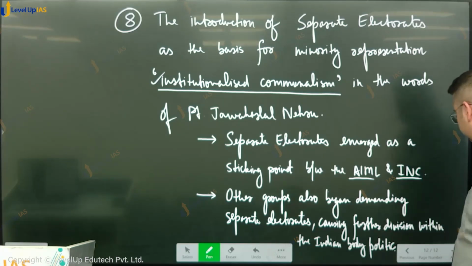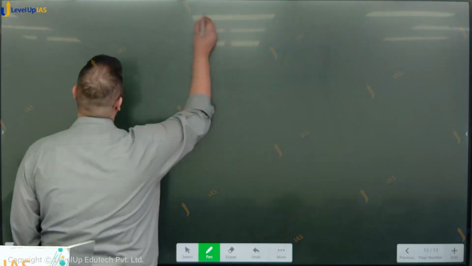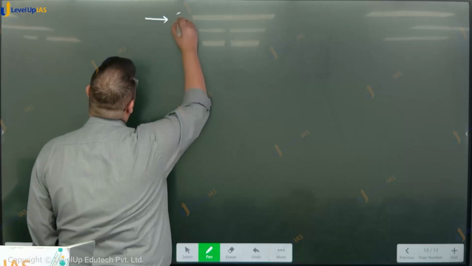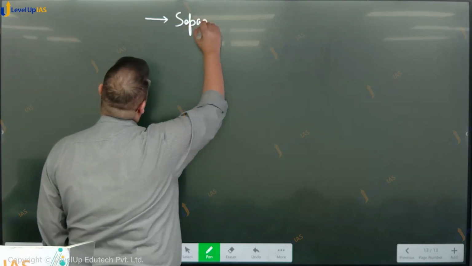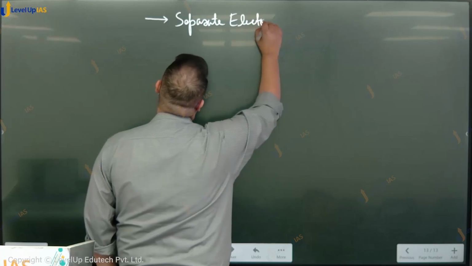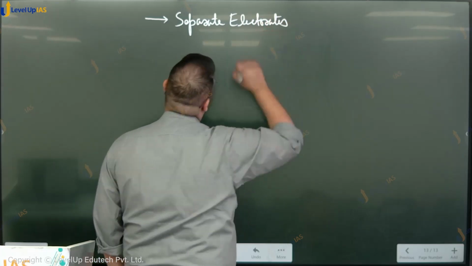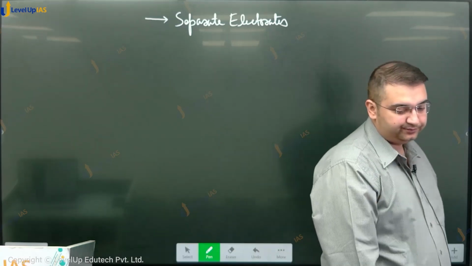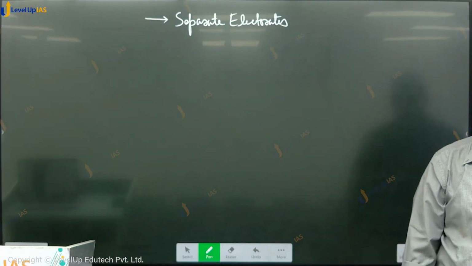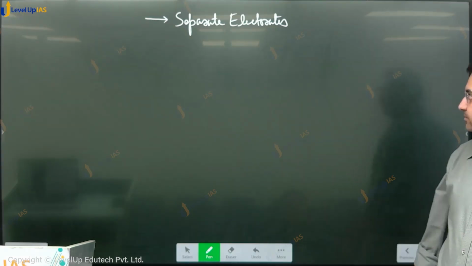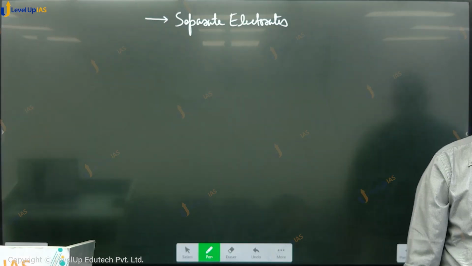ठीक है, नेक्स्ट सब पॉइंट लिखो. सेपरेट इलेक्ट्रेट्स, इसका ग्राउंड लेवल पे क्या इफेक्ट पड़ता था इन दोज कॉन्स्टिट्यूएंसीज व्हिच वर सेपरेट इलेक्टेड कॉन्स्टिट्यूएंसीज?